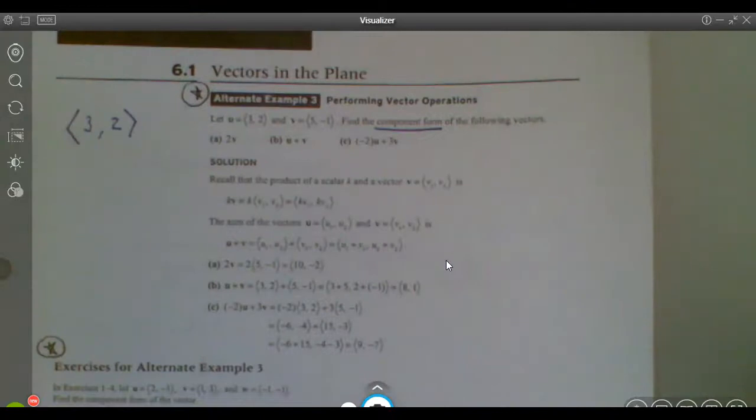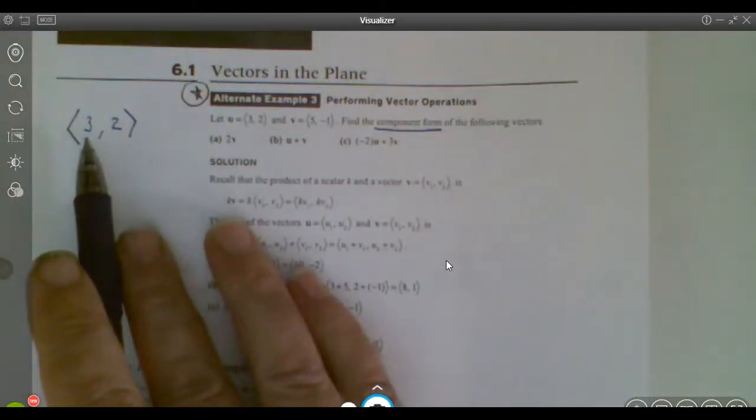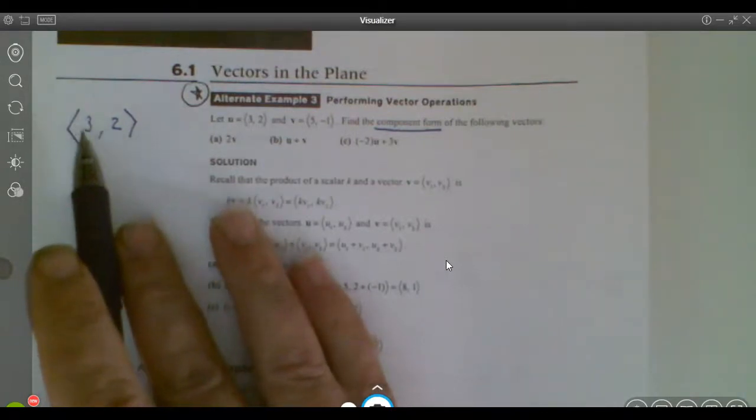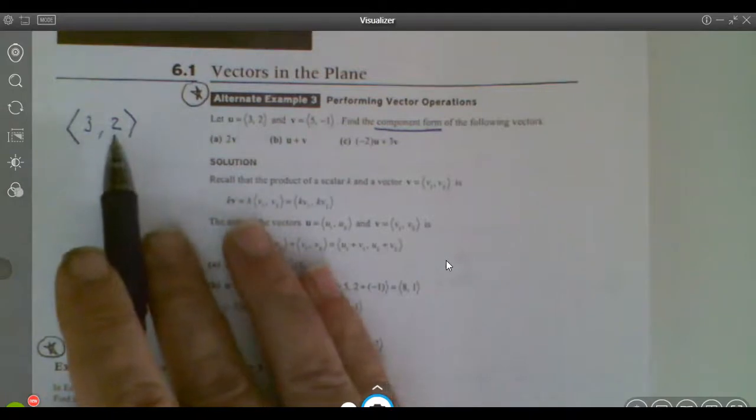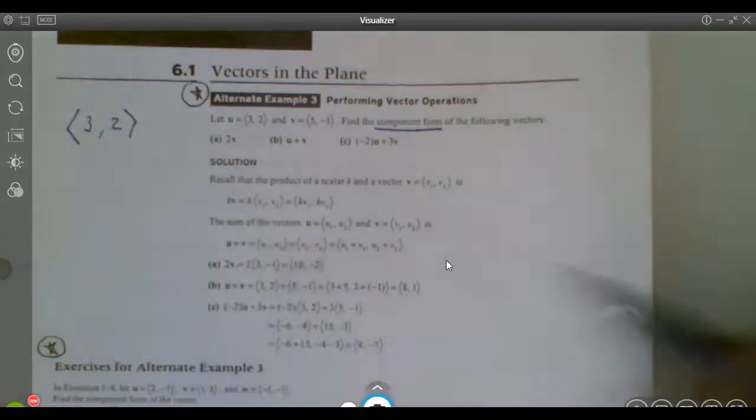When we look at component form, my horizontal component, which is in the x position, tells me what I'm doing left or right. So this is obviously going 3 to the right. And then the value that's in my y spot, my vertical component, tells me what I'm doing up or down. So this one tells me I am going up 2, since it's positive.